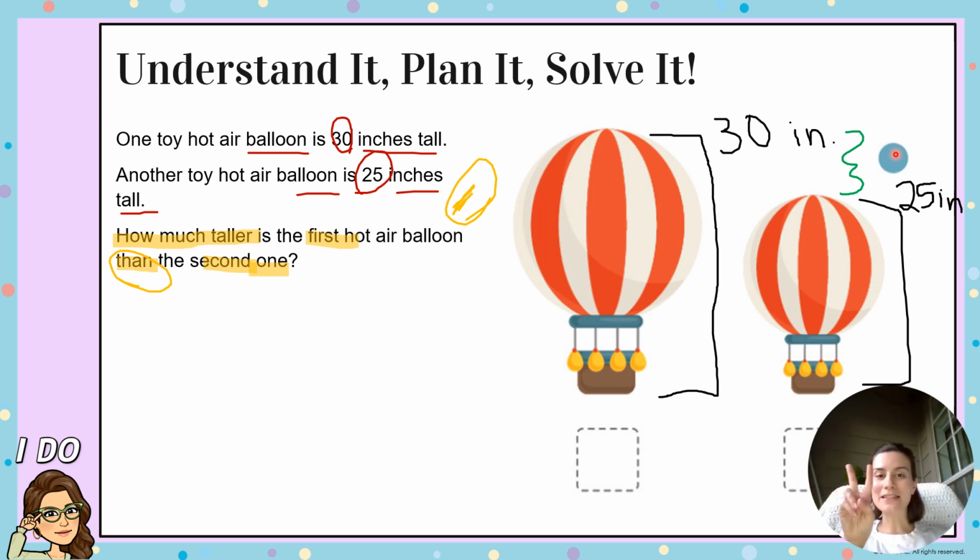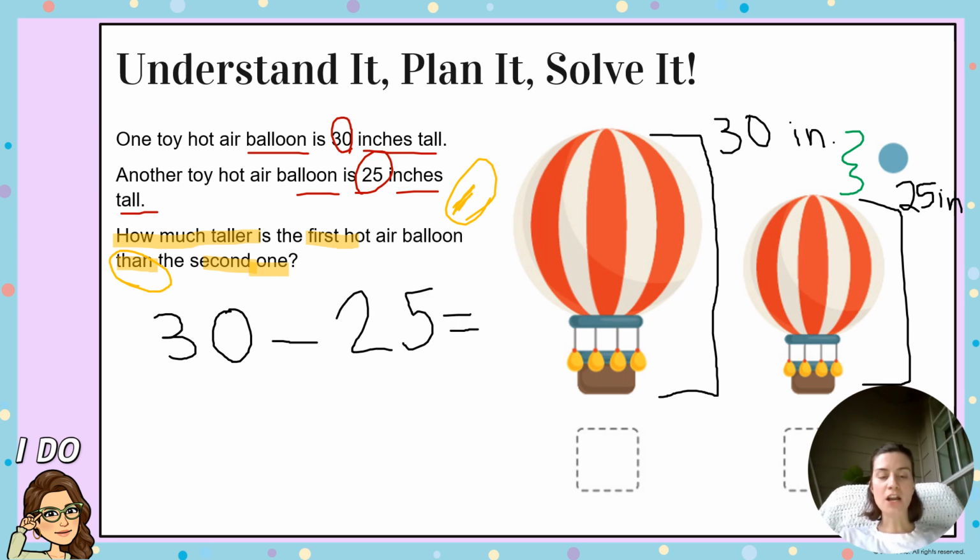So now we're moving on to step 2, plan it. I'm going to write a number sentence to help me. I've been given 2 amounts and I know I'm subtracting them, and I want to write the largest amount first. So 30 is the largest. Sorry guys, I can write that better. 30 minus 25 equals.